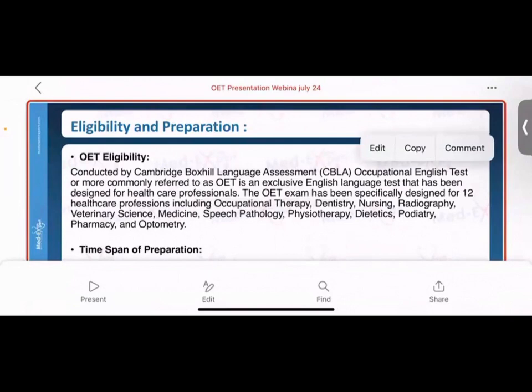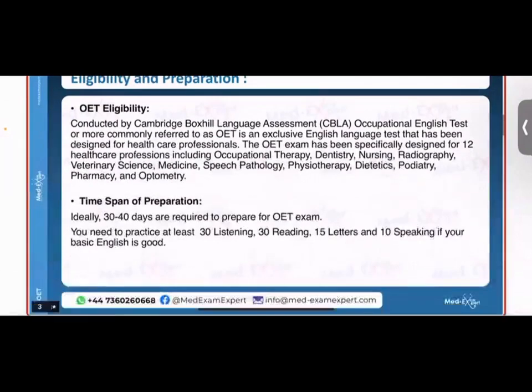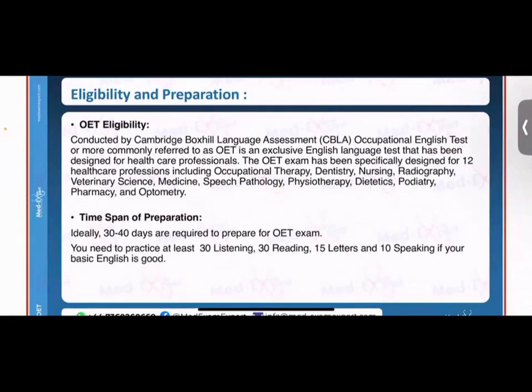So before discussing preparation and all, we need to discuss eligibility and who can take this exam. For the OET eligibility, I would like to tell you that it is conducted by Cambridge Boxhill Language Assessment, which is CBLA, and it is conducted by Australia.